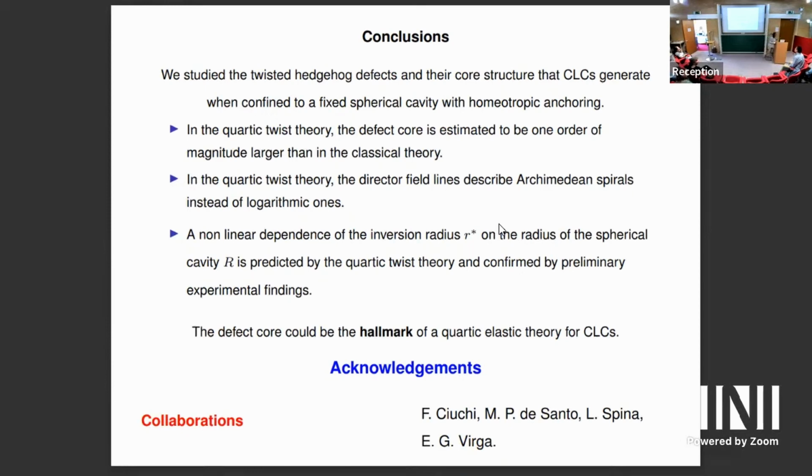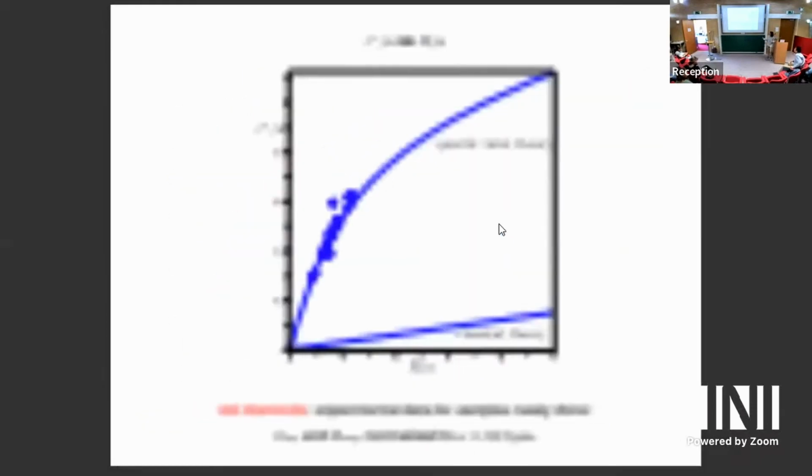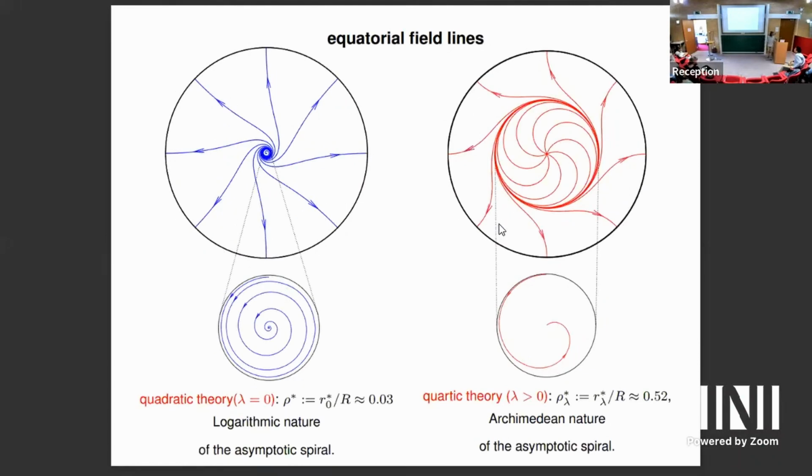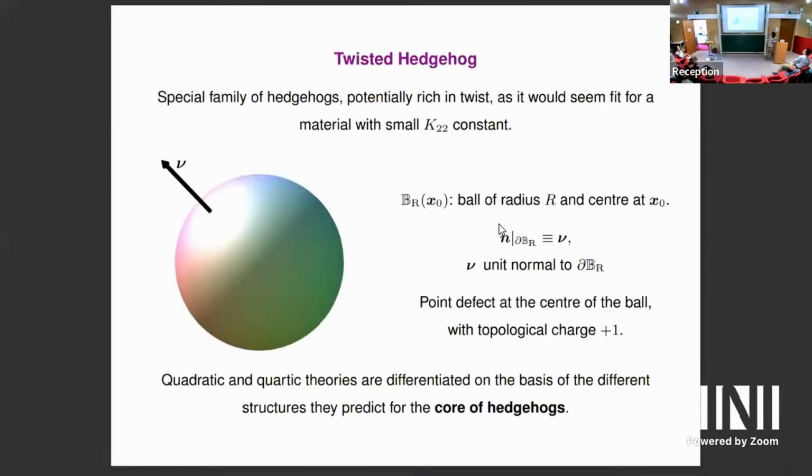Yeah, you added the quartic term in T to account for the experimental test. So what if you added the quartic term in S, for instance? It would be useful for some experiments. Okay.